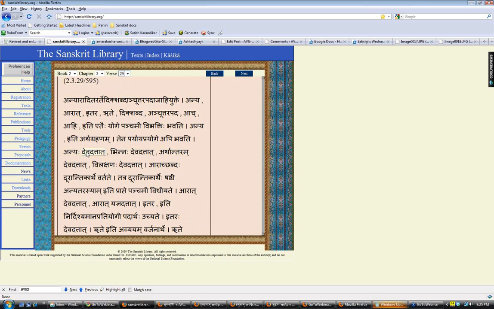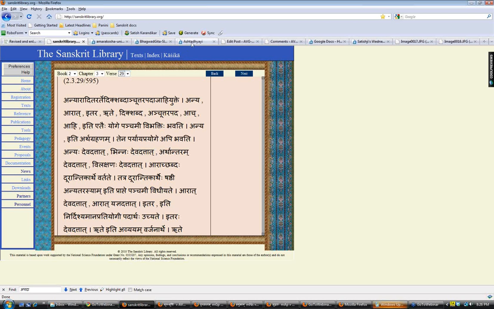Mattah parataram nanyat. Not only that, when tarap and tamap are being used, panchami can be used. So what I'm saying is that you have to find out if the panchami is in apadane. If it is, then only you can use 5-4-45 to bring in a tasi pratyaya. If not, go to the vartikam. For any other vibhakti, of course, there's no question of 5-4-45. You have to use the 5-4-44 vartikam.